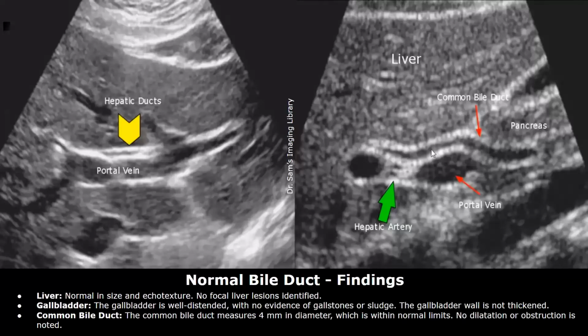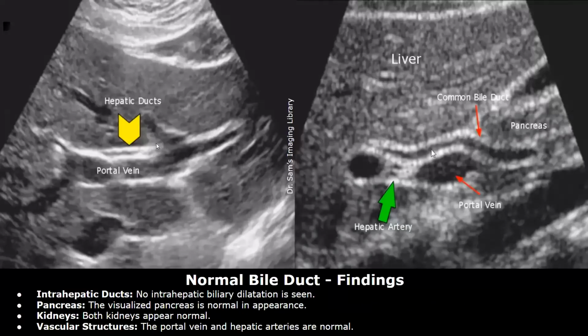These are the findings. The liver is normal in size and echo texture. No focal liver lesions identified. The gallbladder is well distended with no evidence of gallstones or sludge. The gallbladder wall is not thickened. The common bile duct measures 4 mm in diameter, which is within normal limits. No dilatation or obstruction is noted.